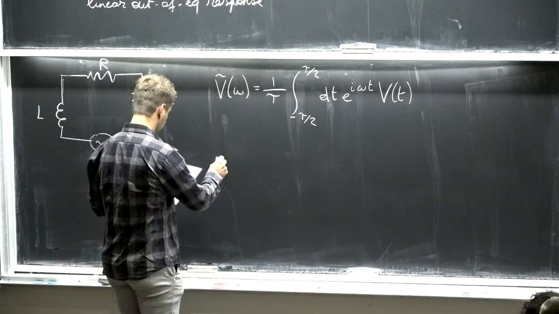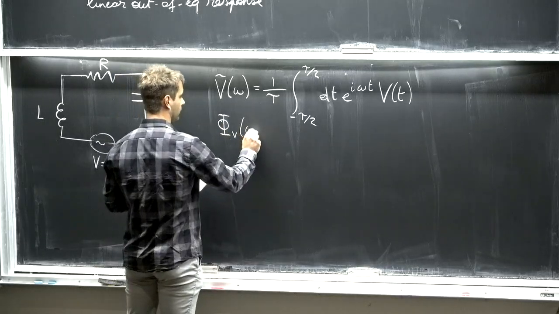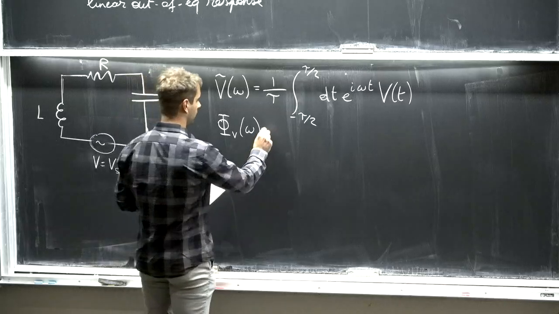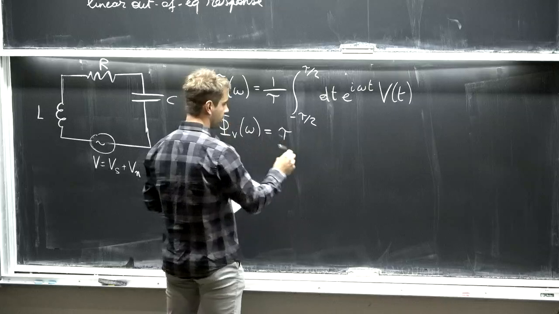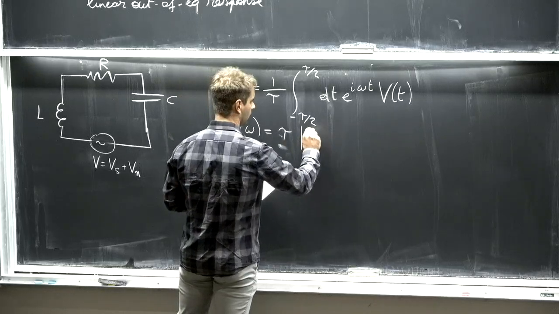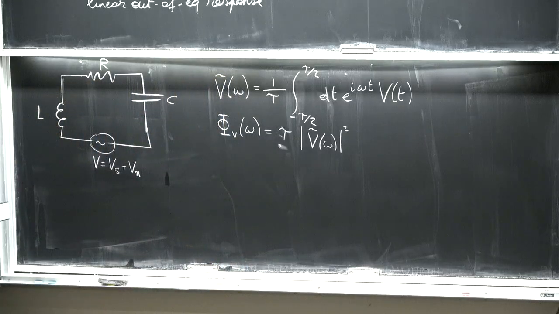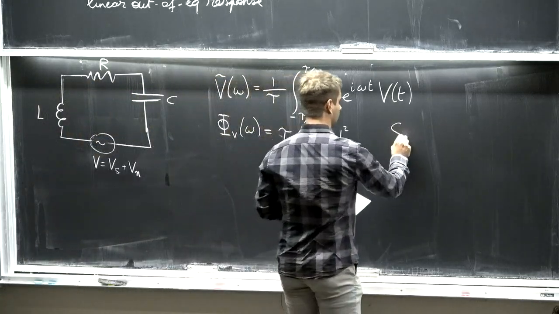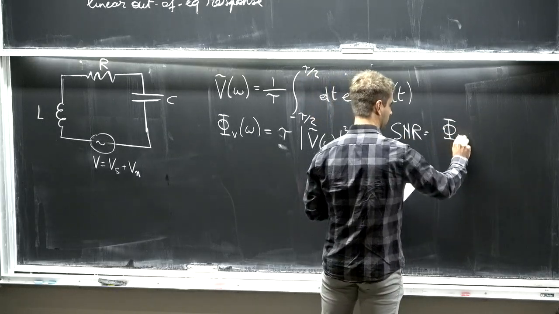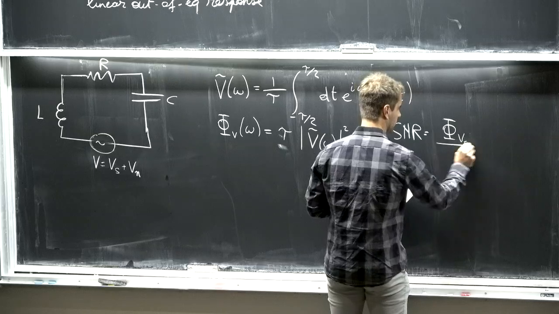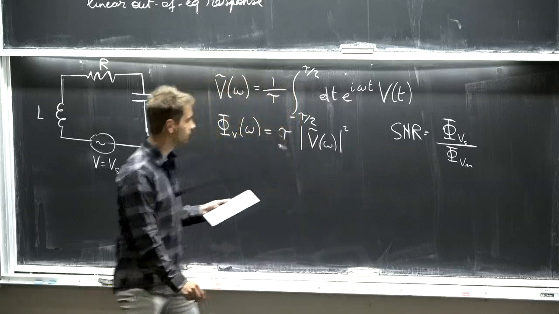And so what we'll be interested in is this power spectral density of the voltage for both the signal and the noise as a function of angular frequency, which I'll write as the integration time tau times the Fourier amplitude squared. Okay, and so then your signal to noise ratio in the end will be power density over your noise voltage.